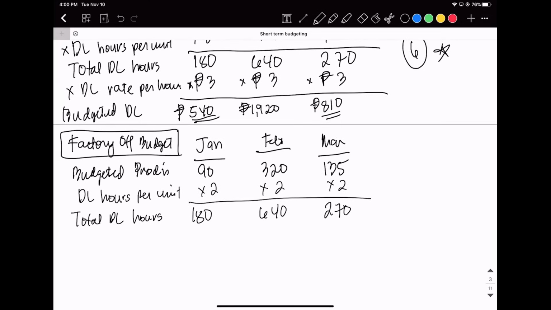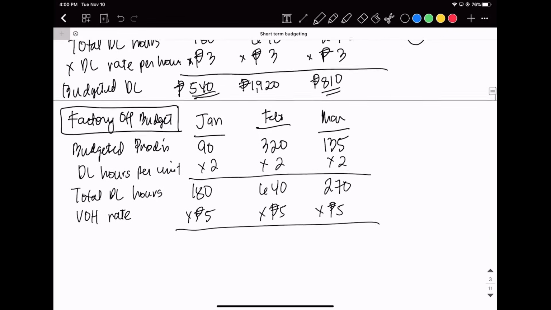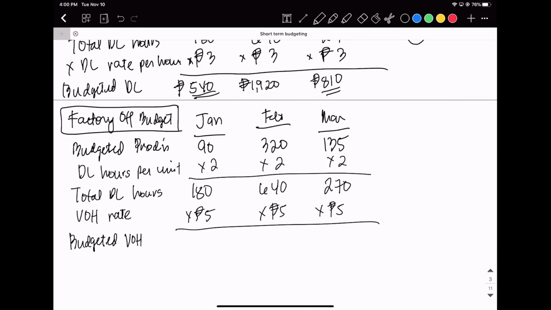270. Okay. And then multiply by the variable overhead rate. Sabi kanina ay 5 pesos, so times 5 pesos, times 5 pesos, times 5 pesos. So this is your budgeted variable overhead cost.